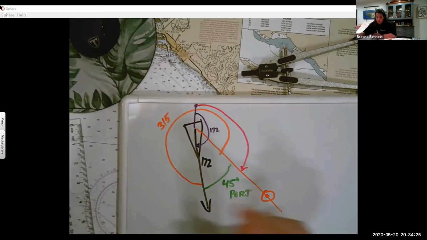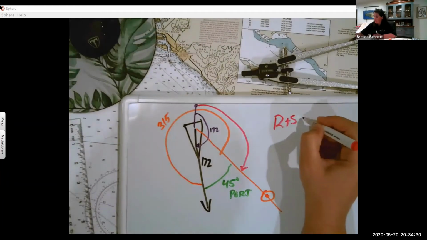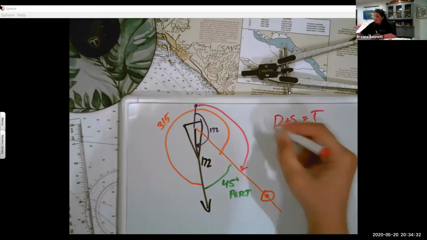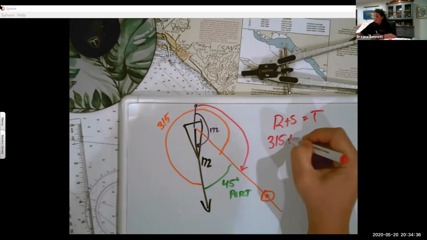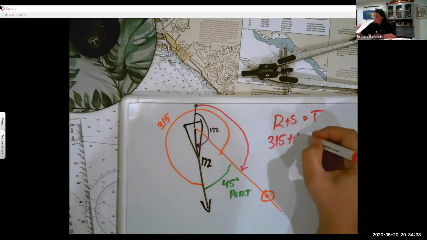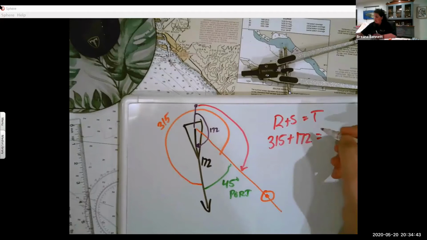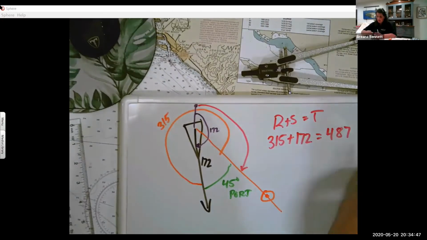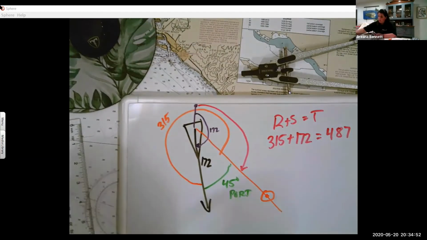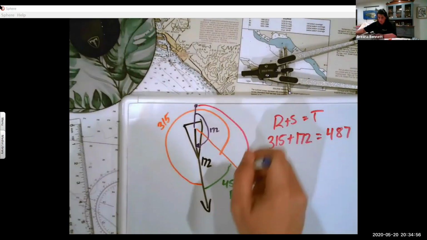So we can do two things. If we go with R plus S equals T, we get our relative, which was 315, plus our ship's heading, which is 172, equals a really large number, 487. That means we went from north all the way around plus another bit.